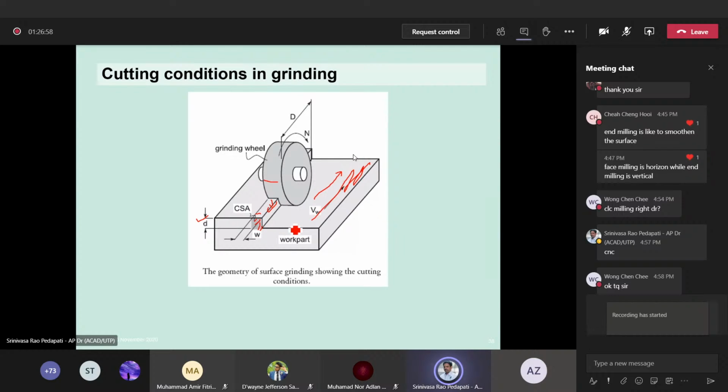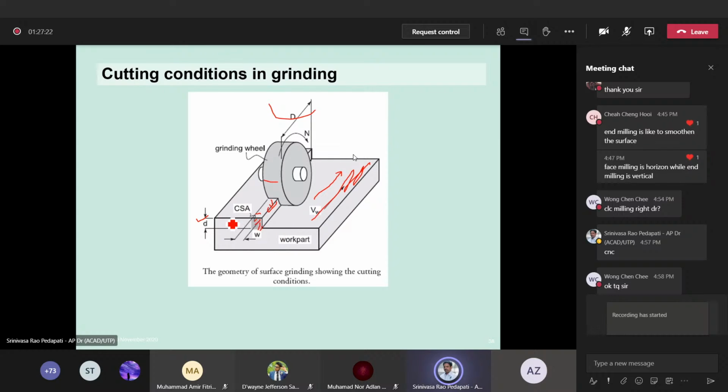So the geometry of the surface grinding is like this: small d is the depth of cut, and capital D is the diameter of the wheel. Actually, the wheel wears now, so the D is reducing. Of course, we are not worried about this one now. What we are worried about is the material that is removed, that is the material removal rate.